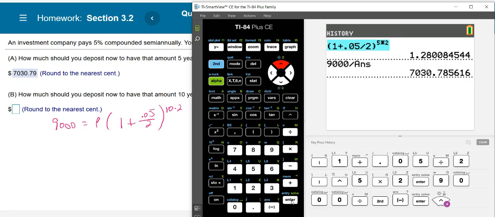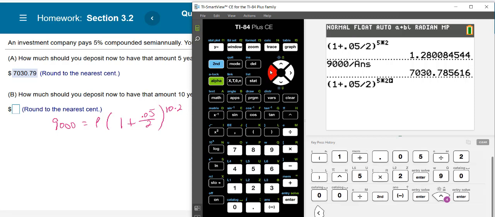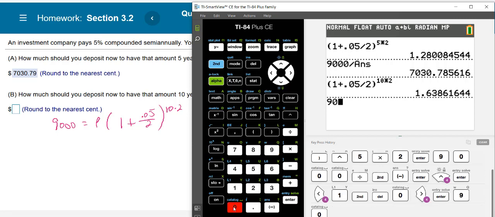I can press enter and it will copy that down at the bottom. I can then change the 5 into a 10. So same calculation, but with the 5 changed to a 10. And as before, I want to divide the 9,000 by that number.